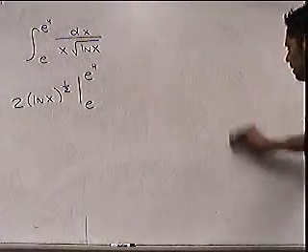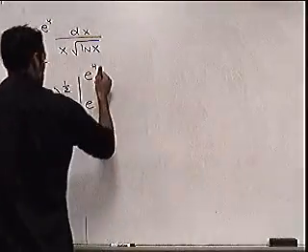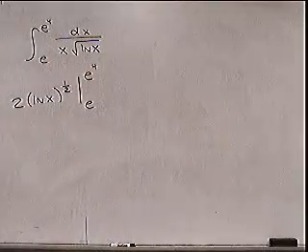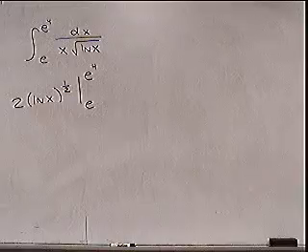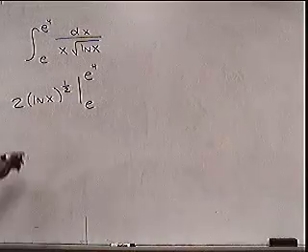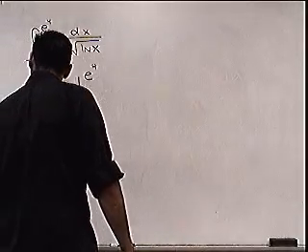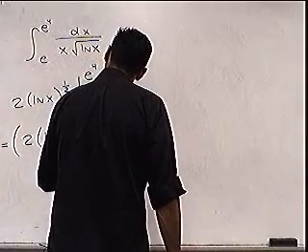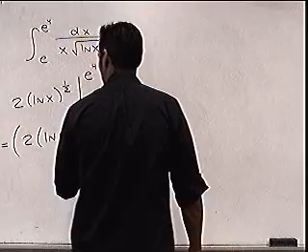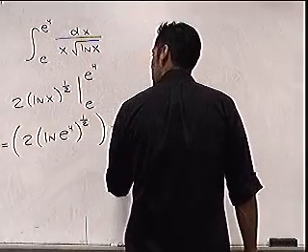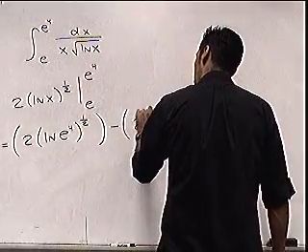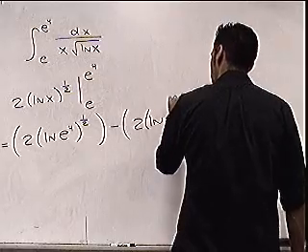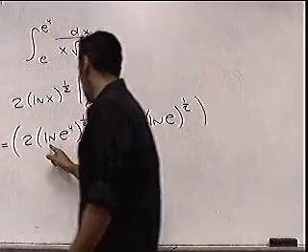So there's my antiderivative. There's my 2 limits of integration. And they picked really nice limits of integration for us, didn't they? Because when we plug this in, we get, first of all, 2 natural log of e to the 4th, all to the 1/2, which is square root, minus 2 natural log of e to the 1/2. So what's natural log of e to the 4th?